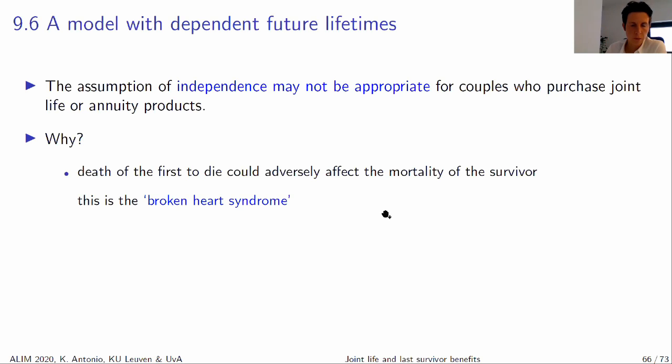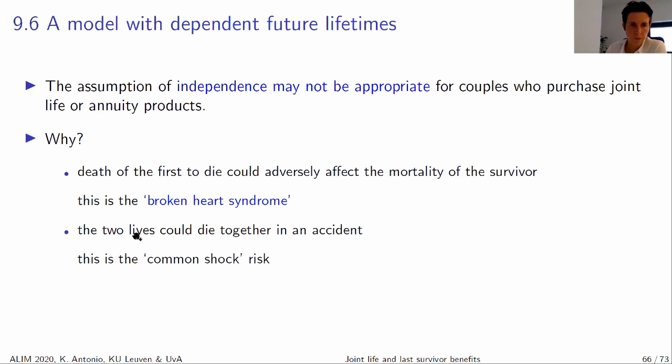I've got a famous example of that on the next sheet. You could also look at the situation where the 2 lives die together. That's a common shock risk. We'll also see how to generalize our multiple state model to incorporate this.